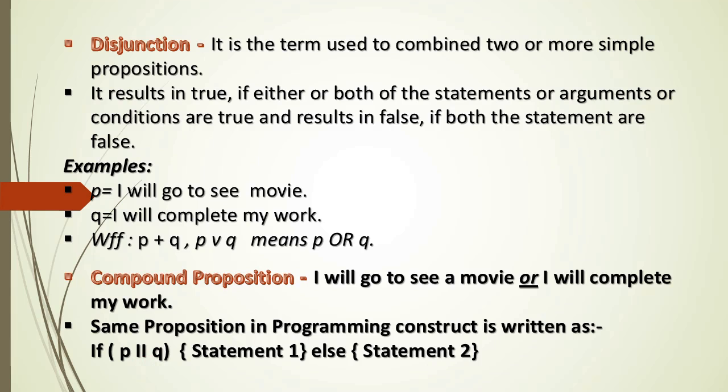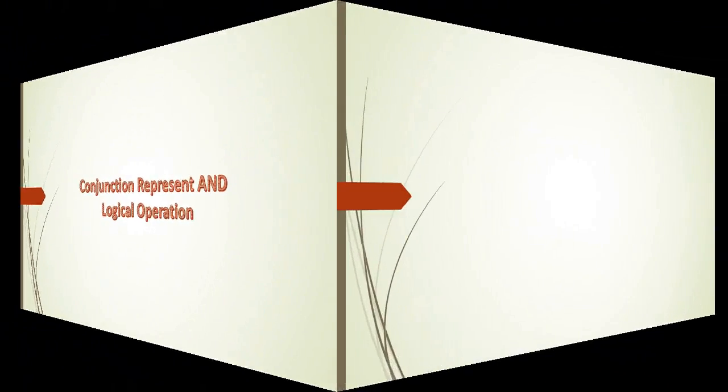So the OR logical operation, represented by the OR logical operator, results in true if either or both of the statements are true, and results in false if both the statements are false.